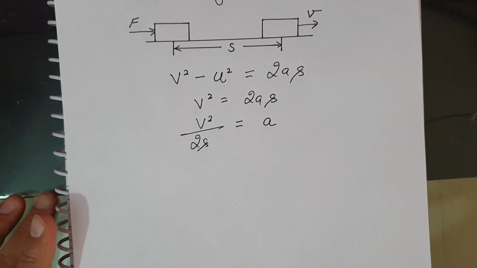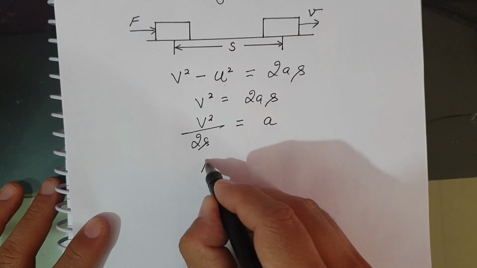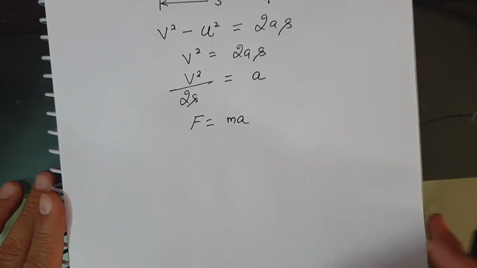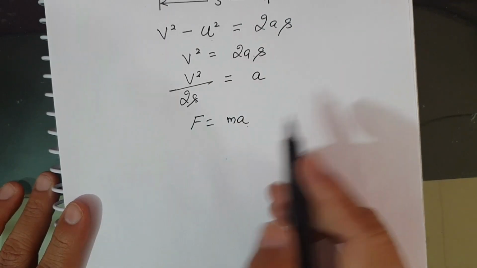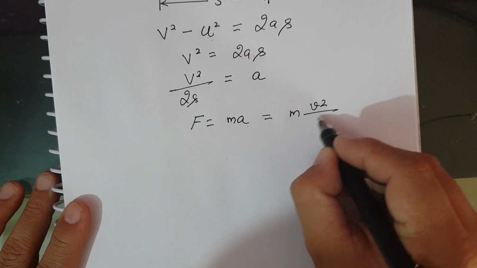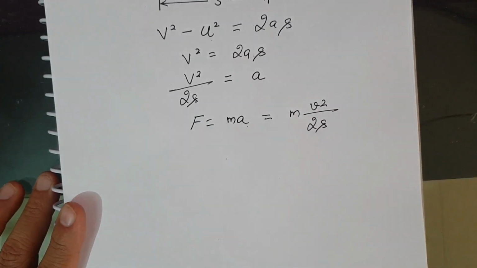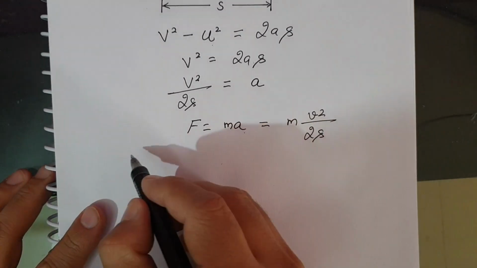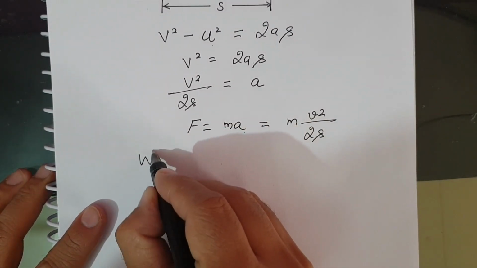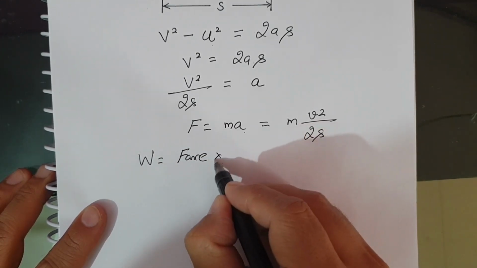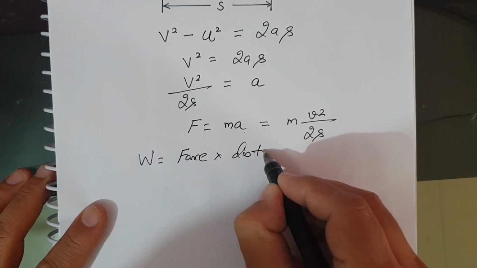Now we know that by Newton's second law, F equals ma. Substituting a, this is m v square by 2s, which is actually the force. Now what is the work done on the body? The work done on the body is force into displacement. So W equals force into distance.